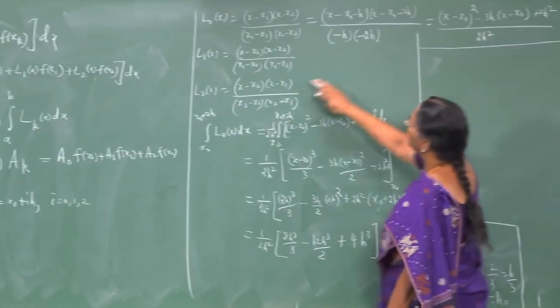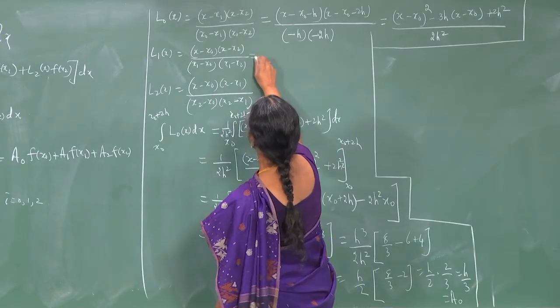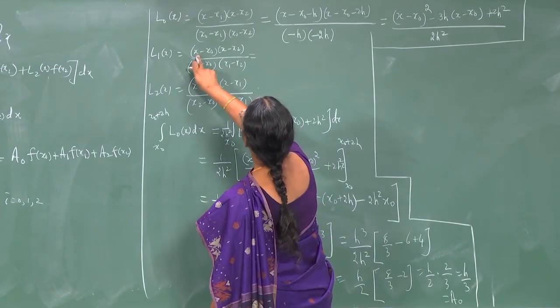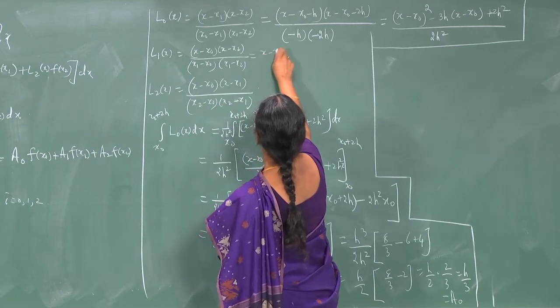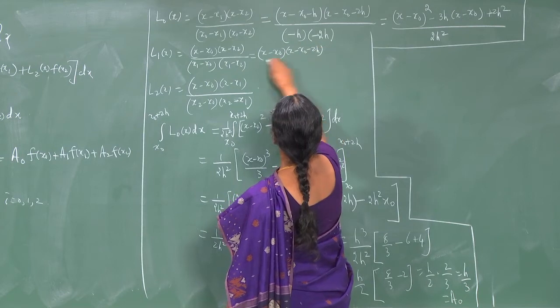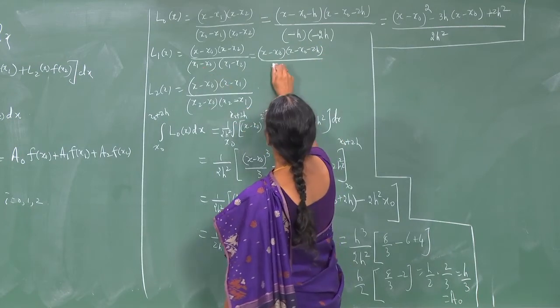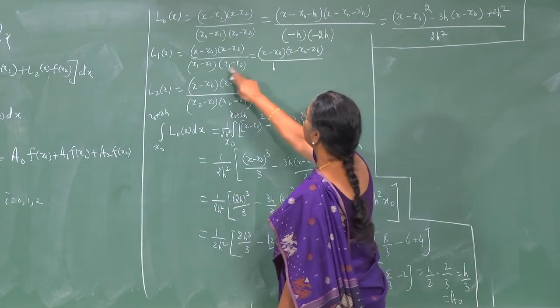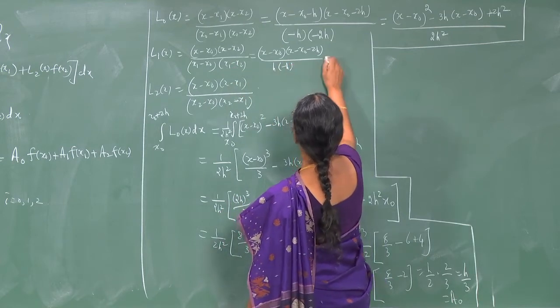So, let us simplify L1 of x. It is x minus x0 into x minus x0 minus 2h by, since x1 minus x0 is h and x1 minus x2 is minus h, minus h squared.